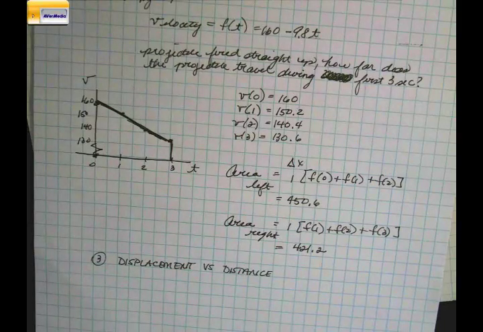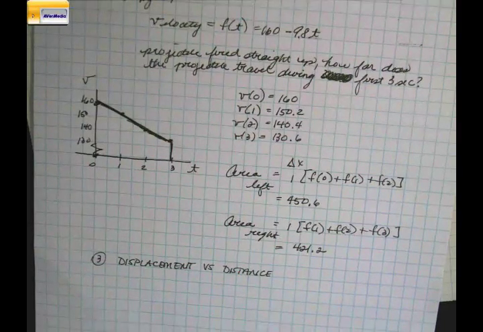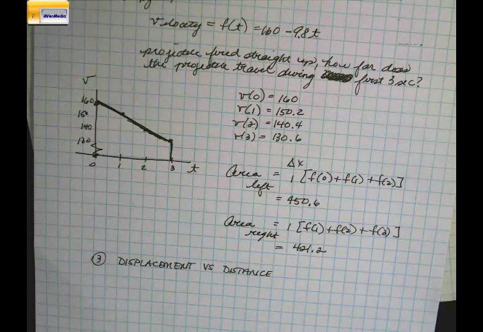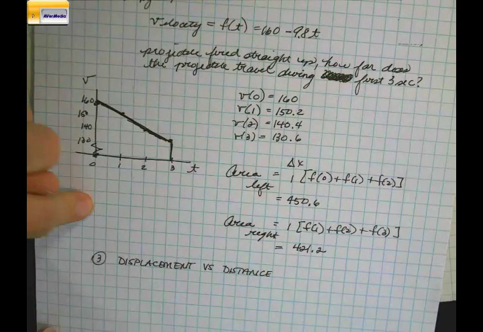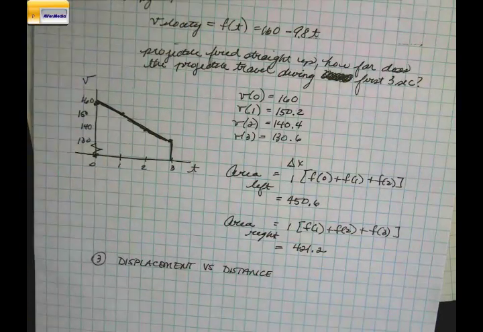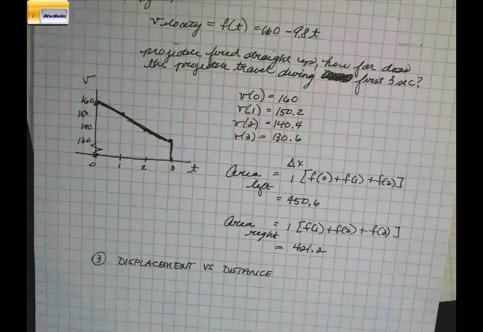You might start at an initial point, run your errands, and come back to the initial point, which means displacement is nothing. But distance would still be there. So when you have negative velocity, your area under the curve will be under the x-axis, making it negative. So if you're looking for distance traveled, you have to take the absolute value.